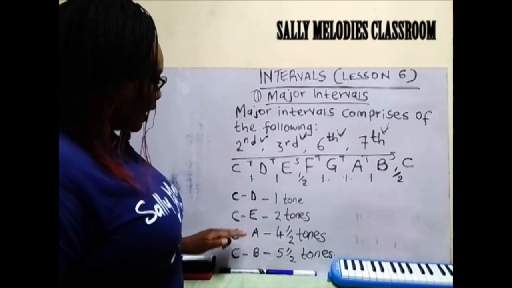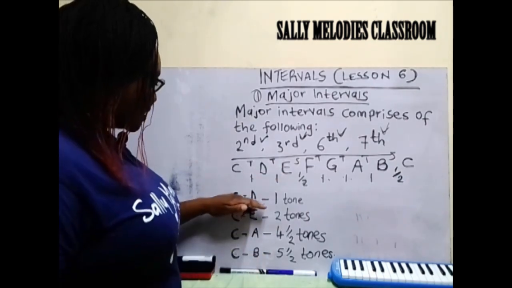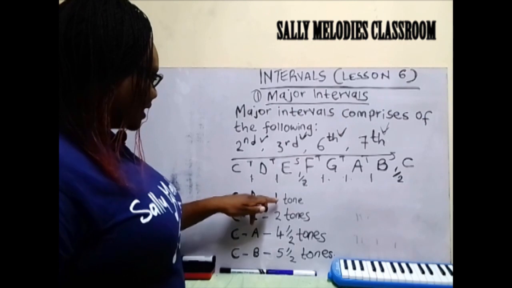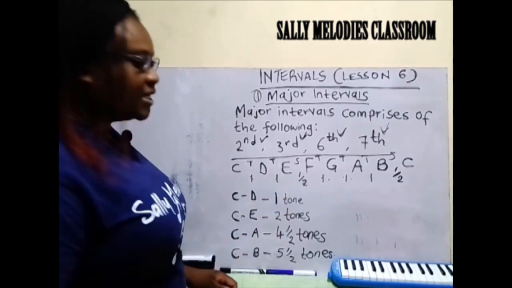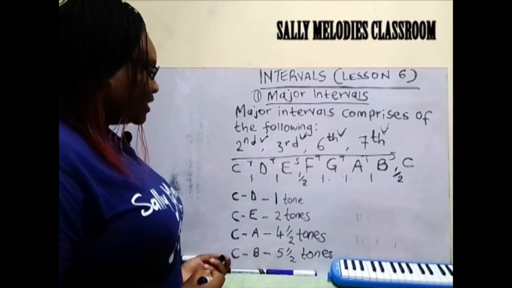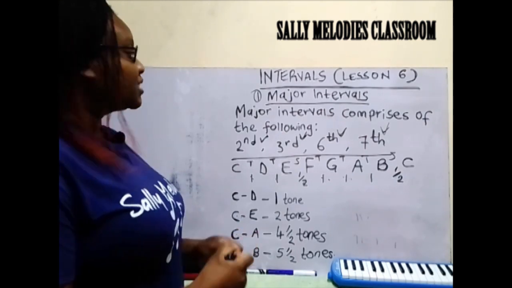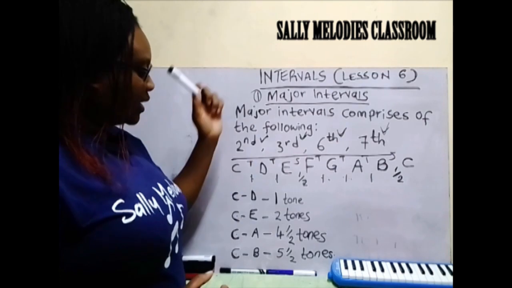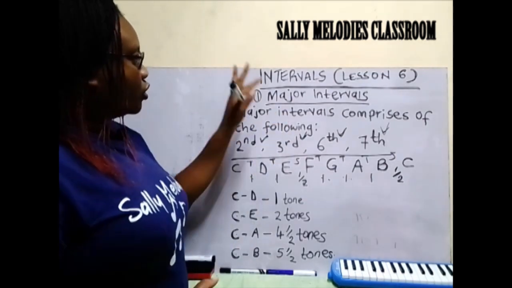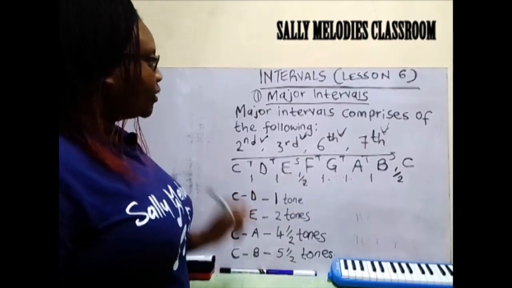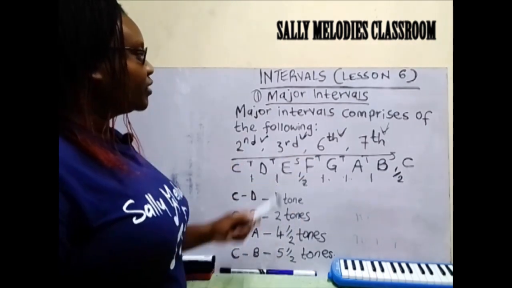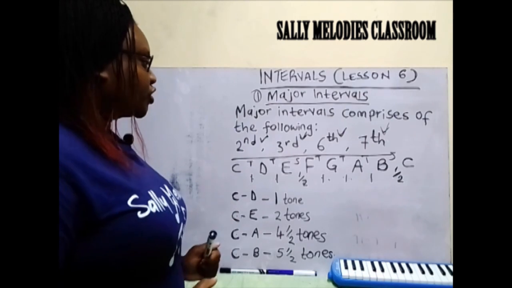If you look at your interval, if it is a second, and you realize that it is not a whole tone, it is maybe less, that is when you realize that it is not a major interval. So, those are the rules of knowing whether an interval is major or not.